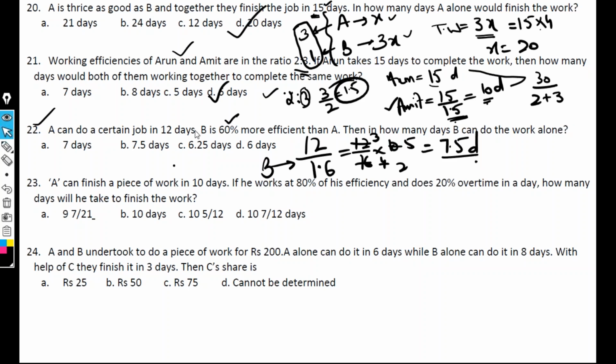Sharad, because efficiency of B is 1.6 times that of A. So if your efficiency is n times, divide the number of days of the other person by n, and you will be getting the value. Is it done, Sharad? Good.